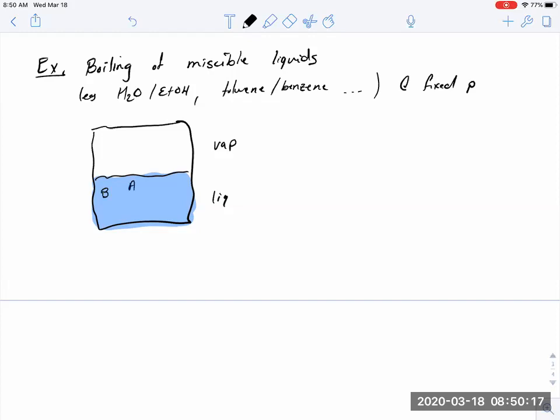Let's say if I have two components A and B, there's some amount of A and some amount of B. Now if that liquid is in coexistence with its vapor, it will have some composition. And that composition need not be the same.